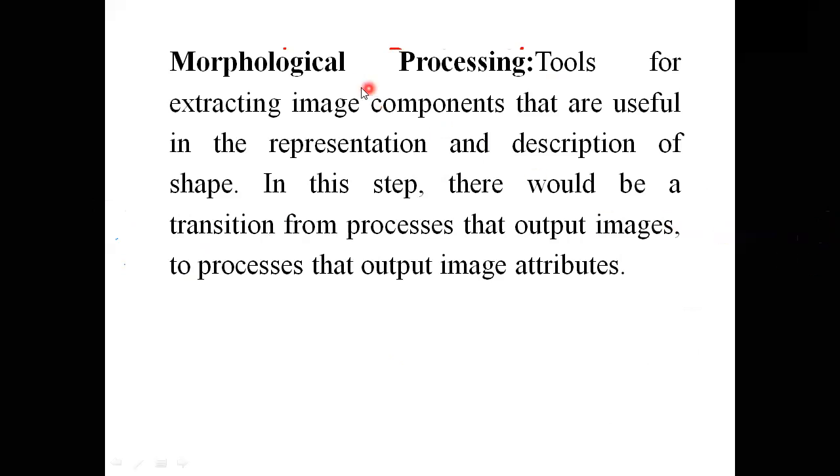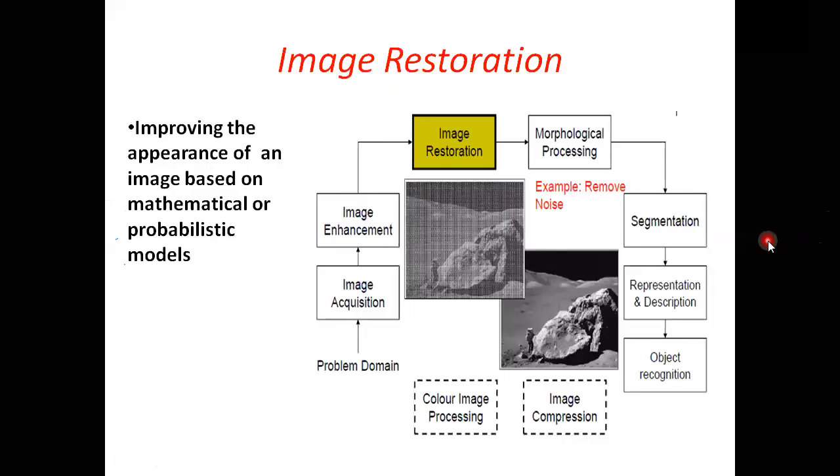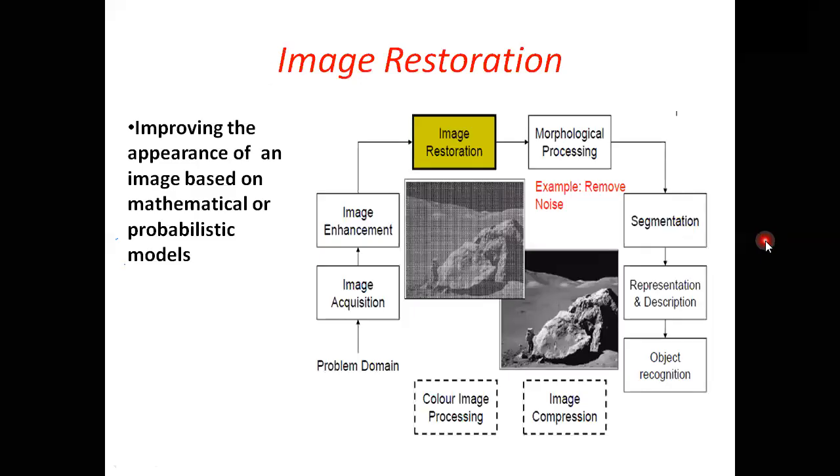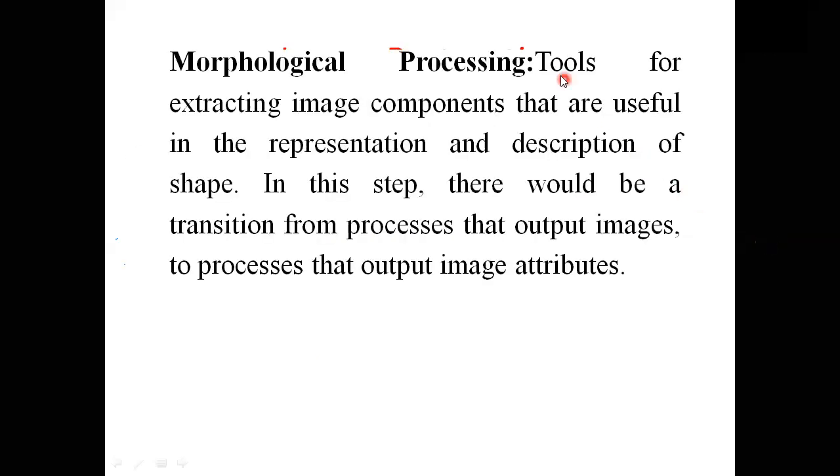Next, morphological processing. Morphological processing means tools for extracting image components that are useful in the representation and description of shape. Totally the geometrical structure of the image will be known by using this morphological processing.